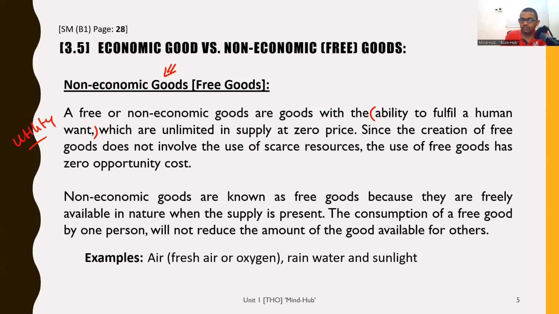Then going back to the blue color we were using. Now the non-economic part, let's clear that now, which are unlimited in supply. Why are they unlimited in supply at zero price? Since the creation of free goods does not involve the use of scarce resources.